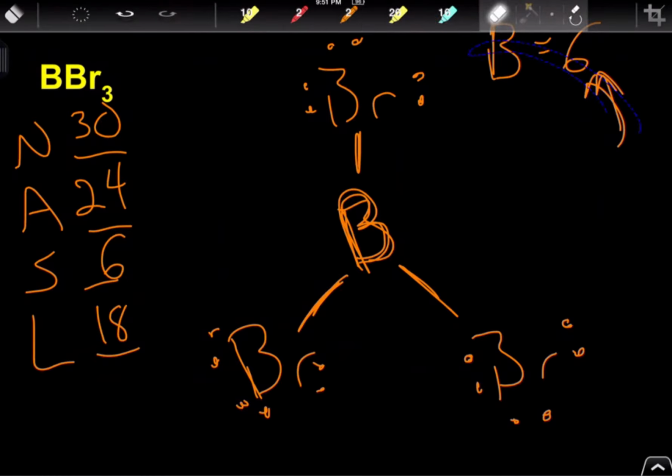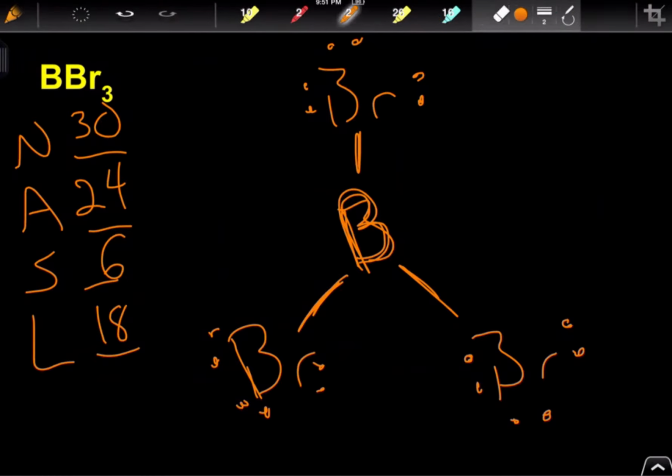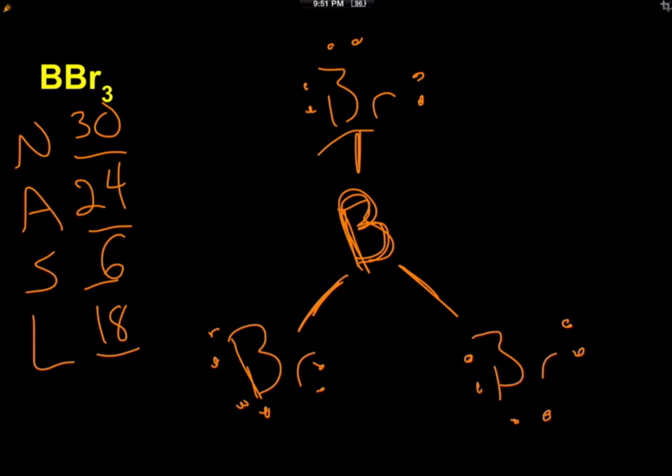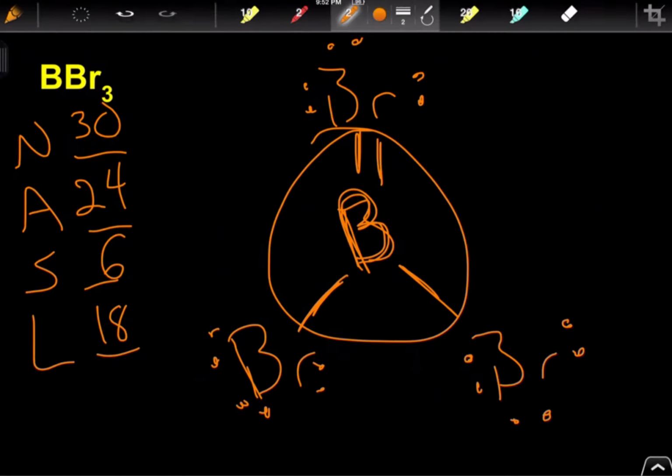So again, the exception here is that boron will only need 6 electrons, which means 3 bonds. Now moving on to the shape, we have a central atom with 3 electron regions. A lot of times these electron regions, when it's not boron, but sometimes carbon can do this, sulfur, other atoms can do this as well, where you might have one of these be a double bond, and that would still only count as 3 electron regions.